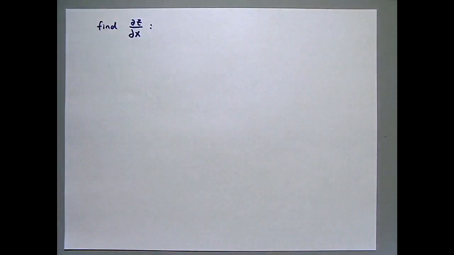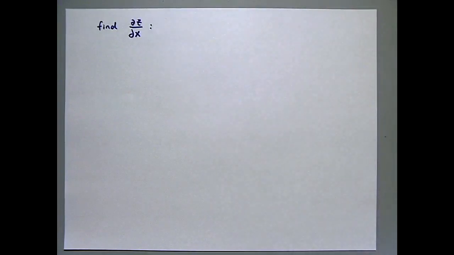To find the partial derivative with respect to x, remember we just go ahead and take the derivative of both sides of that equation with respect to x, partial derivative.